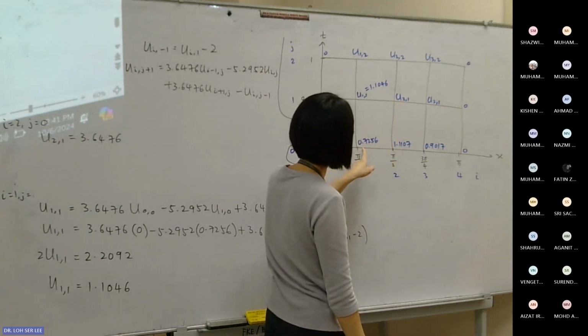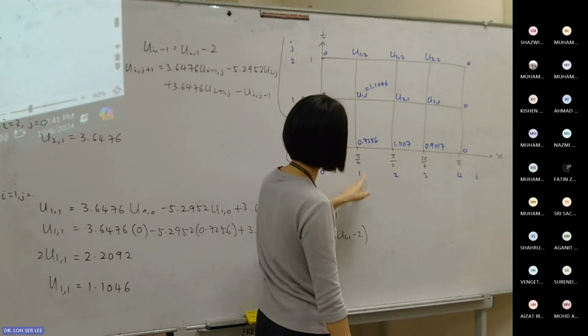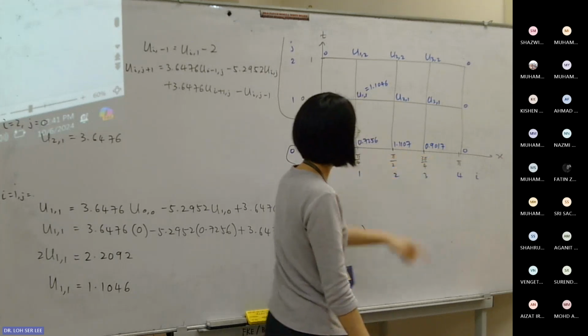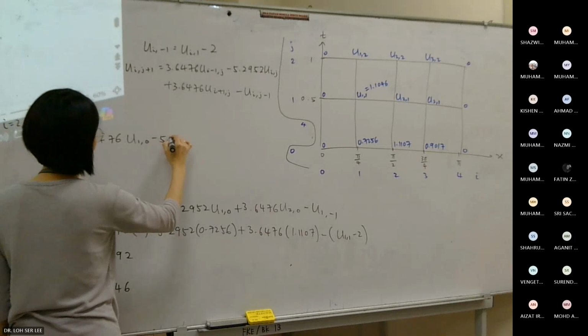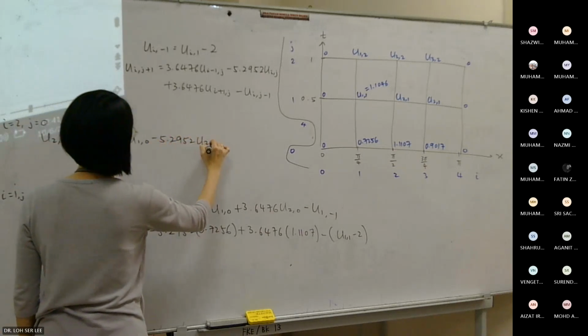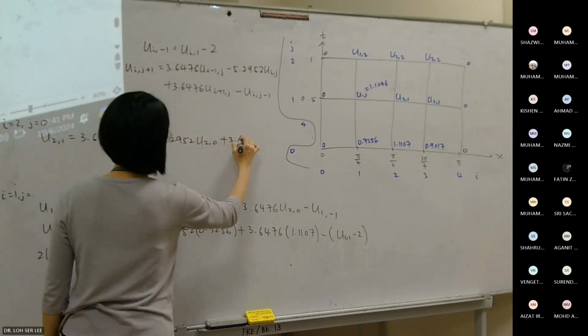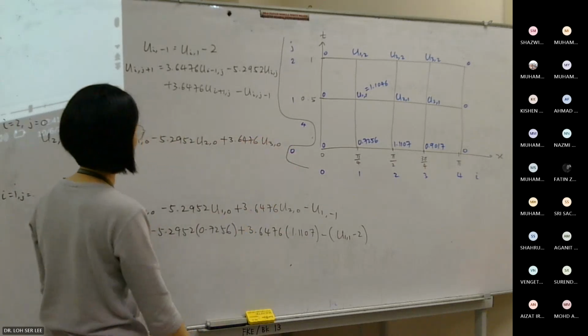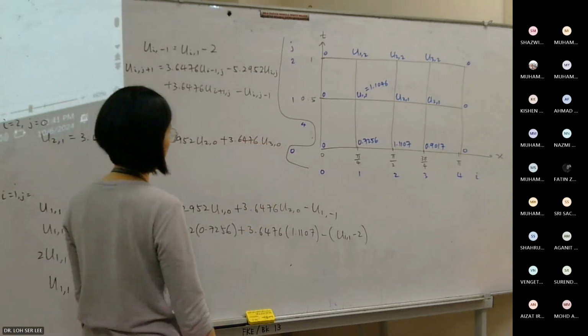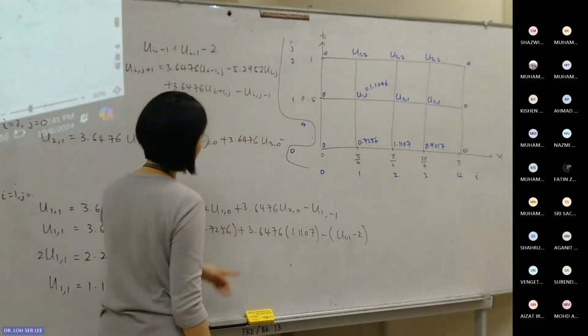So that means this 1, 2, 3. This is 1, 0. 1, 0, 2, 0, 3, 0. Minus.